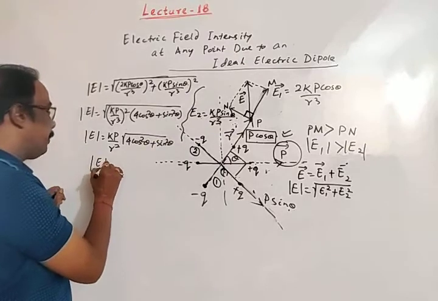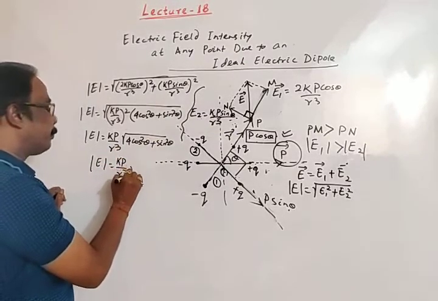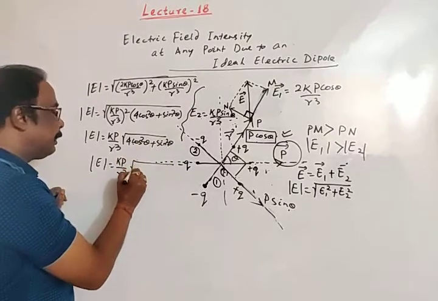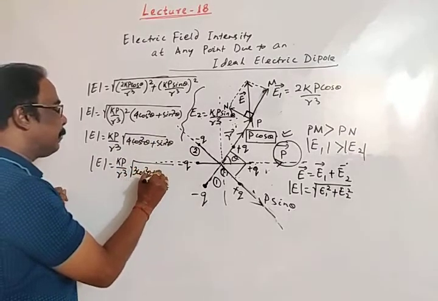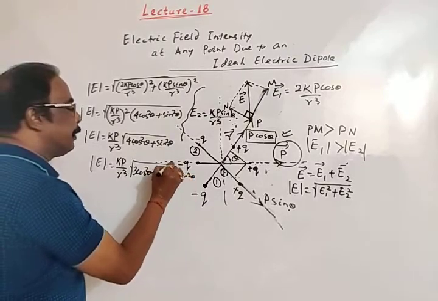So the magnitude of the resultant field intensity is kP by r cube into the square root of 4 cos square theta plus sin square theta. 4 cos square theta may be written as 3 cos square theta plus cos square theta, plus sin square theta.